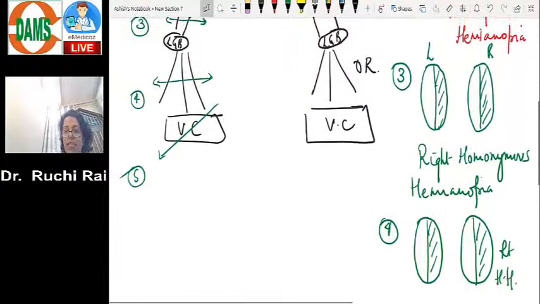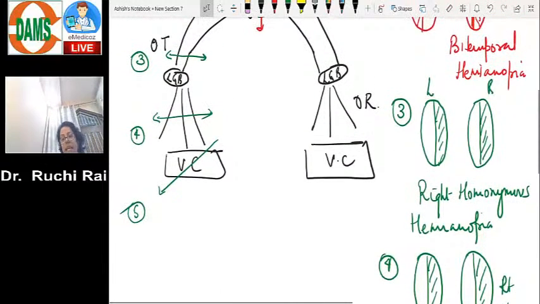Actually, if you look, it may not be exactly the same area on both sides. When the field defect in your left eye and the right eye is almost exactly similar, that means symmetrical, we will call it congruous. And not similar, we call it incongruous.